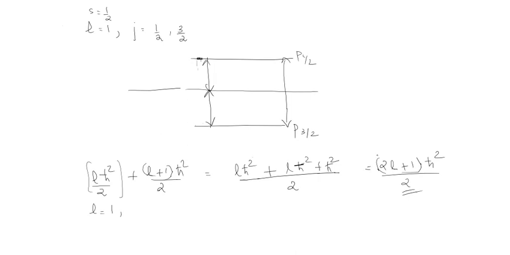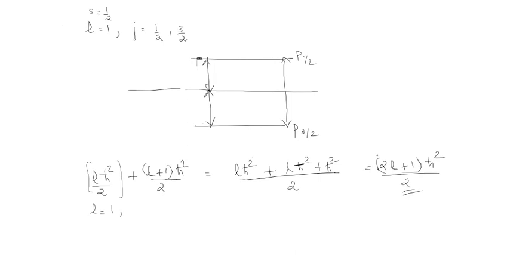For L equal to 2, you can evaluate the spacing, and you can understand for yourself that the spacing actually increases with increasing L. As you progress to higher L values, the levels shift more and more from the term center.